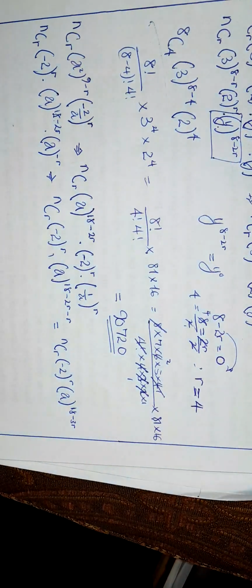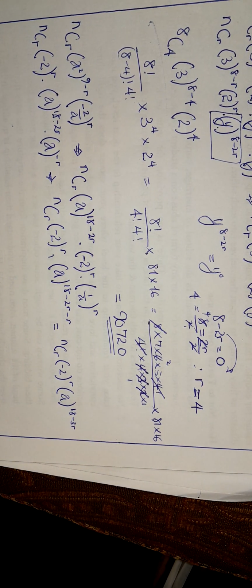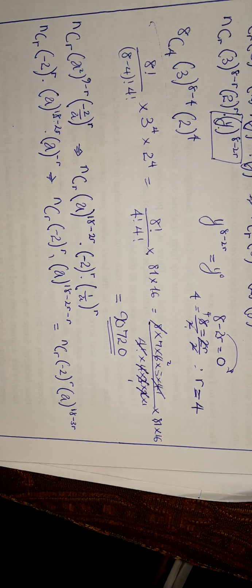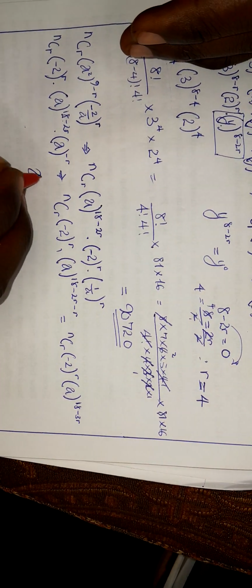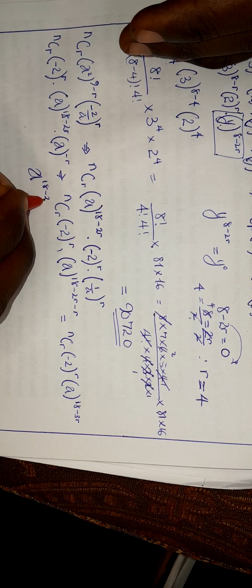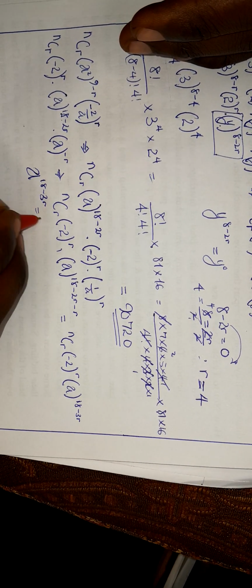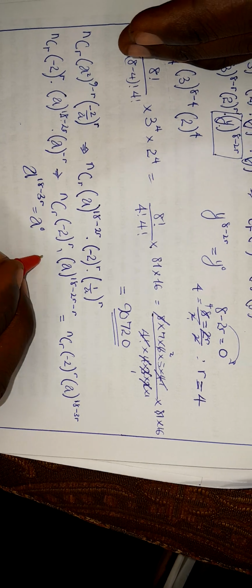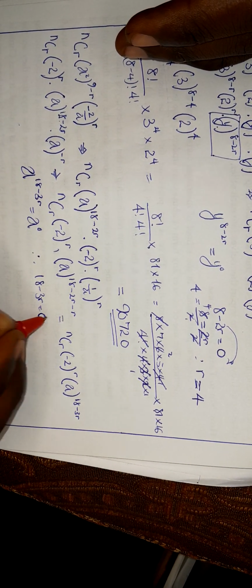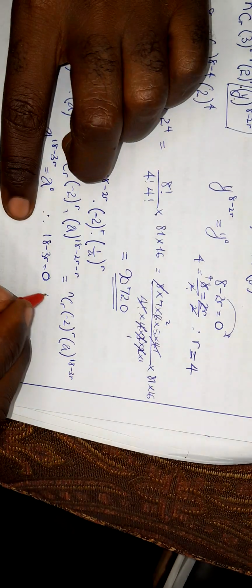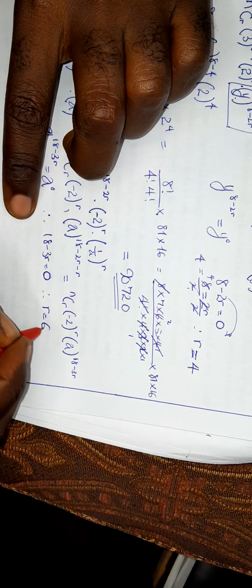Now, since we're looking for the independent term of a, it means a raised to the power of 0. So we're having a to the power of 18 minus 3r equal a to the power of 0. So we're having 18 minus 3r equal 0. Looking for r, therefore r equals 6.